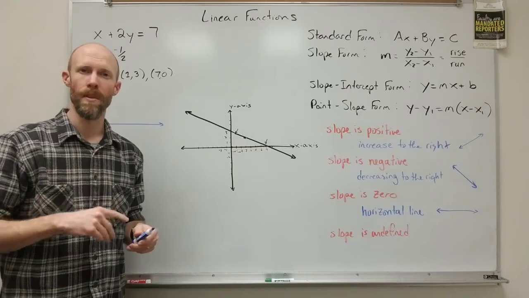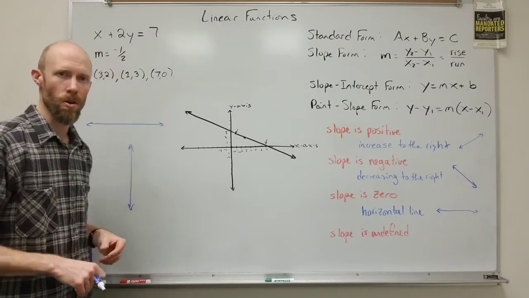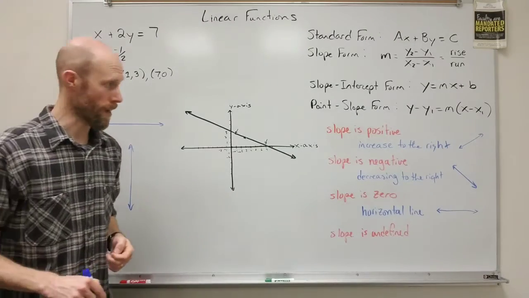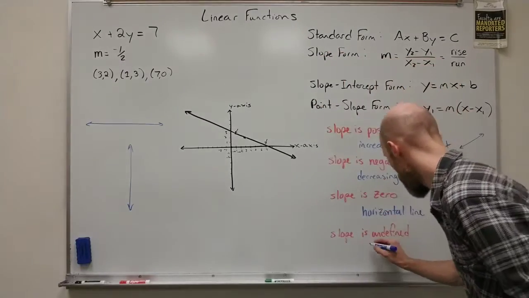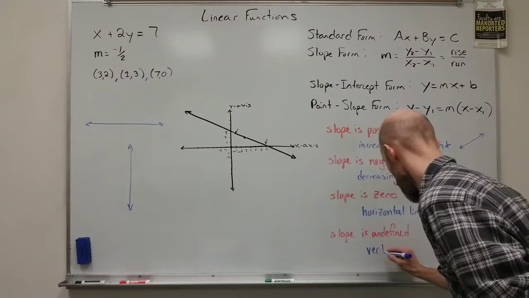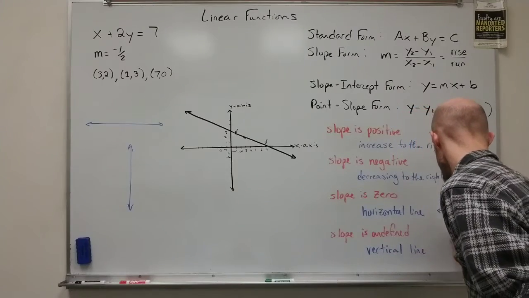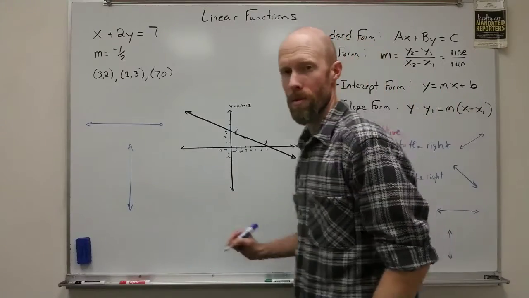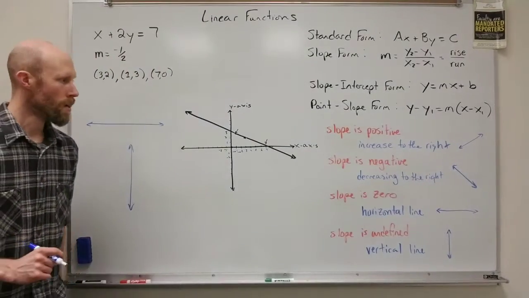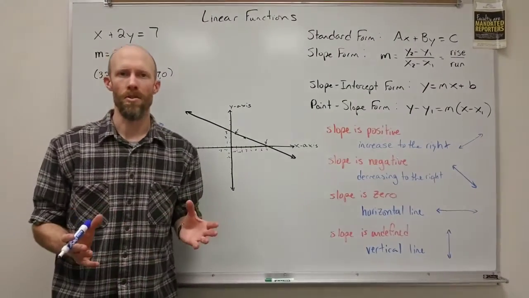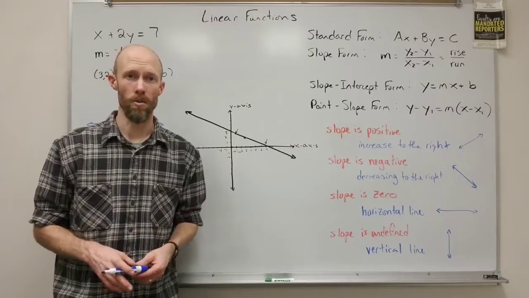No run at all. That's going to give you an undefined slope. And so that occurs with a vertical line. So slopes that are undefined are vertical lines, ones that go straight up and down. Okay, so that gives you just an overall summary of what the slope can tell you.